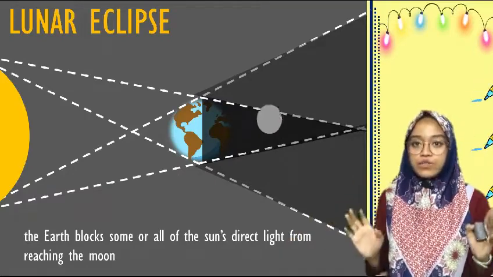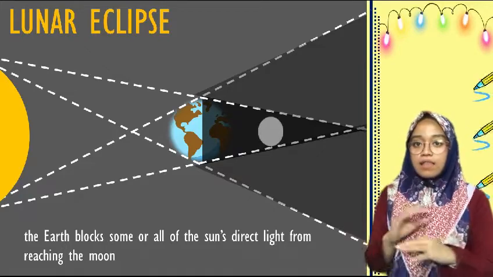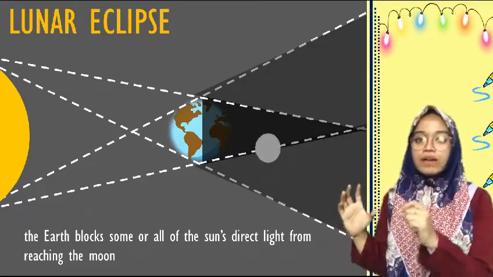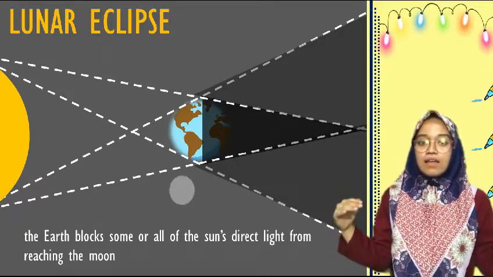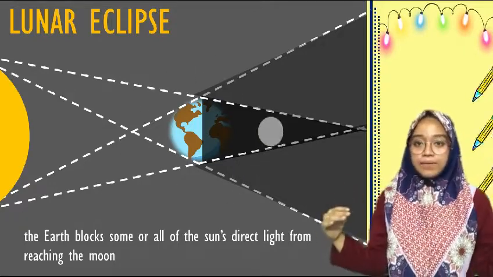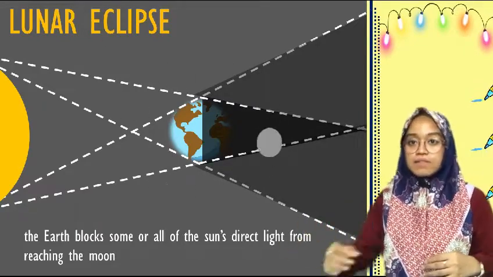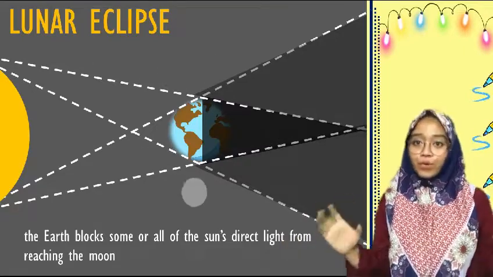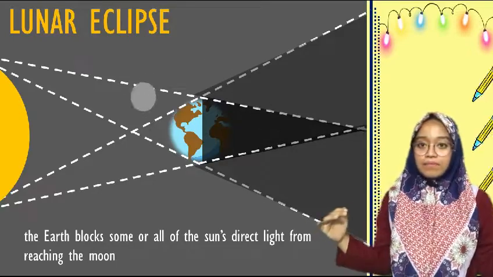So it's different from a solar eclipse. In a solar eclipse, the Sun, then the Moon, and then the Earth are in a straight line. In a lunar eclipse, the Sun, Earth, and then the Moon are in a straight line.